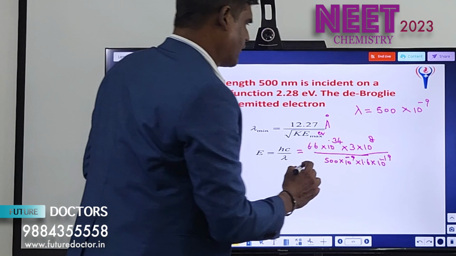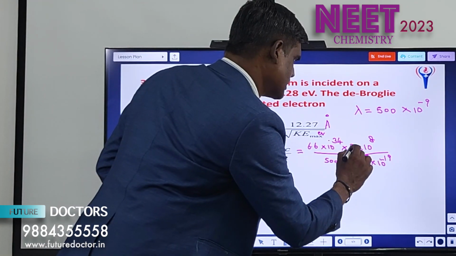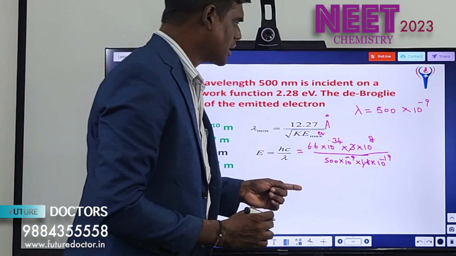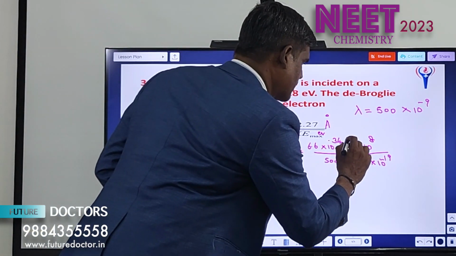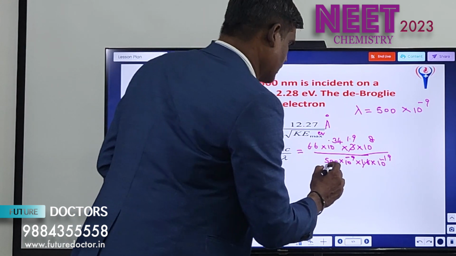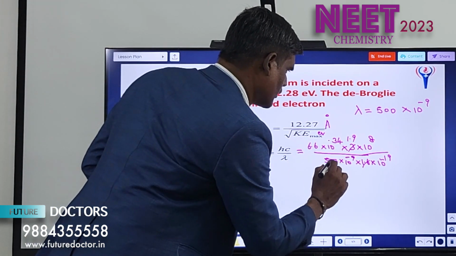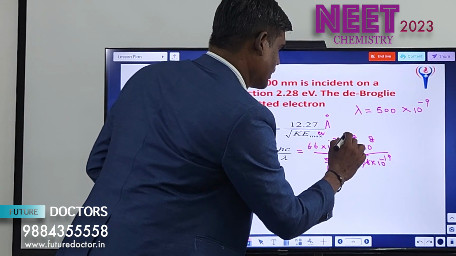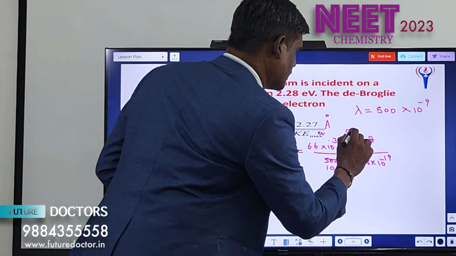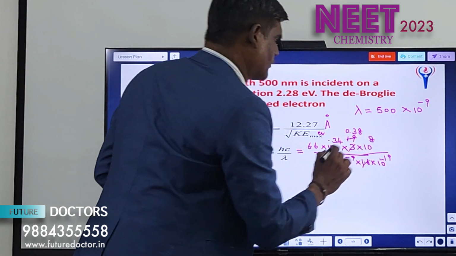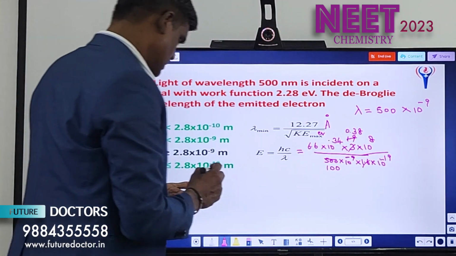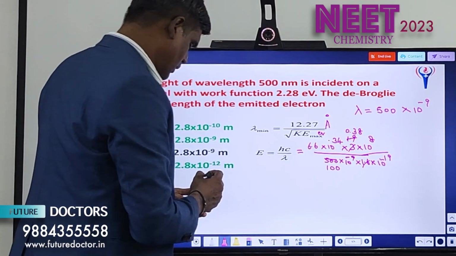Then simplify this. 3 by 1.6 means maybe 1.9 something. And 500, if you simplify, use the 5 table, then 100, and here 5 3 15, 5 8 40, 0.38. And simplifying this, we will get 2.48 eV.